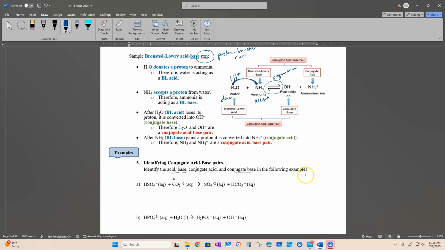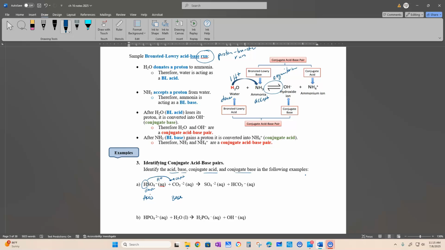He's got to be able to accept it because this HSO4 is the only one that has a proton. So this H is coming over, but remember, it's a proton. So if this is donating, then my donor is an acid. Okay? So that's my Bronsted-Lowry acid. And that means my CO3 is going to accept it, which means my base.